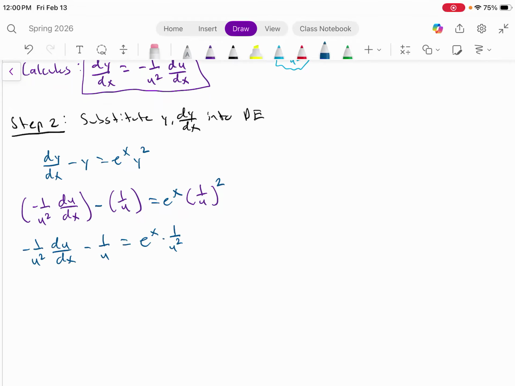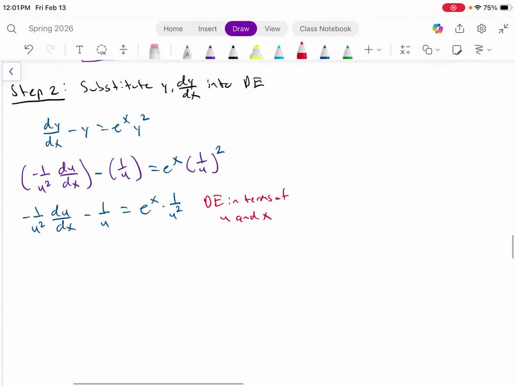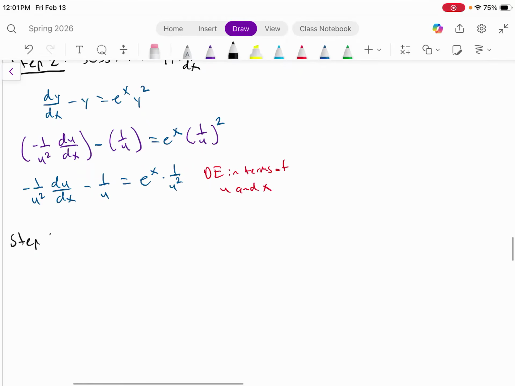Okay, so we substituted back in our y and dy, and now we have a differential equation in terms of u and x, which is our goal. Okay, so that's step 2. Let's move on to step 3. And step 3 is always our linear equation time.